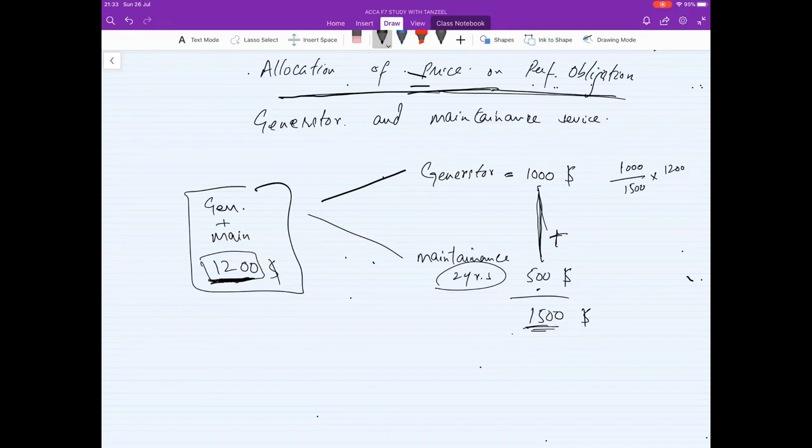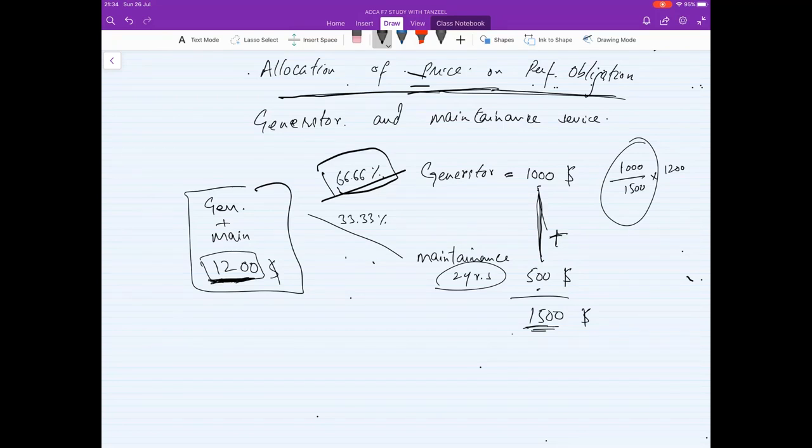You can see 1000 is 66.66% of 1500. So it means we will allocate 66.66% to generator and 33.33% to maintenance.